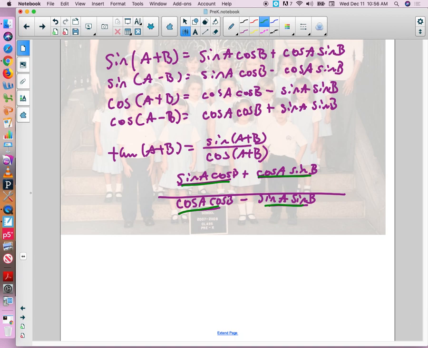So let's divide it all by sine A cosine B.